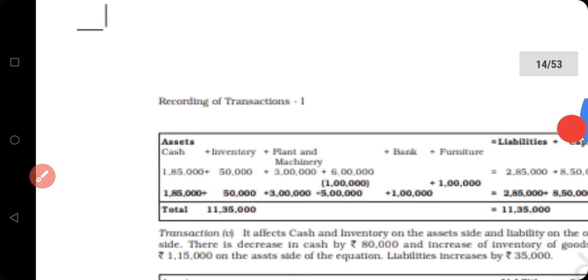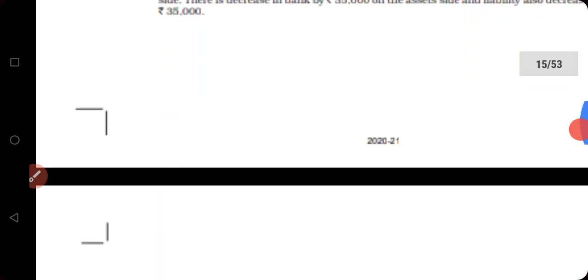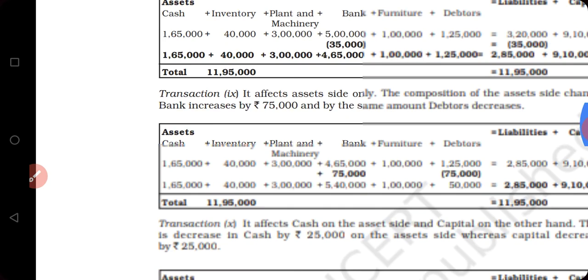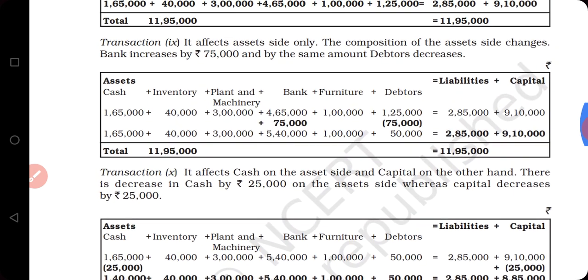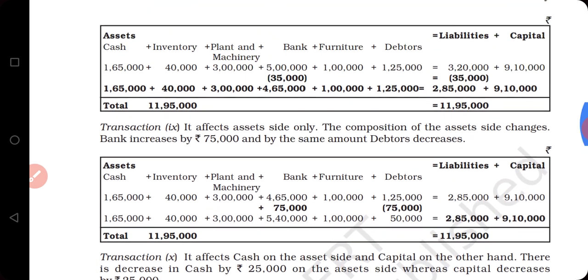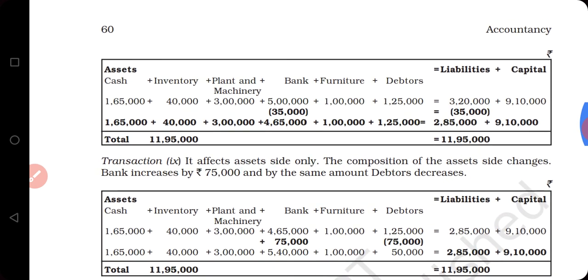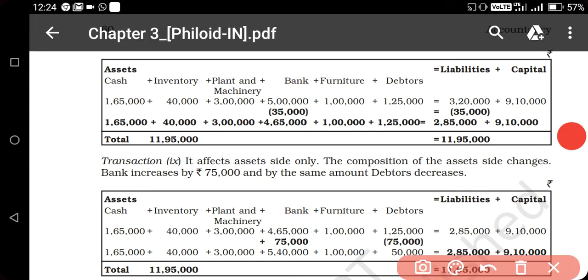Now see how we will show it. First of all bank balance will be reduced by 35,000 as well as our liabilities will be reduced by 35,000. So two impacts, on both sides.